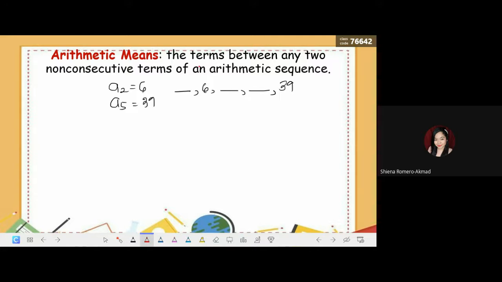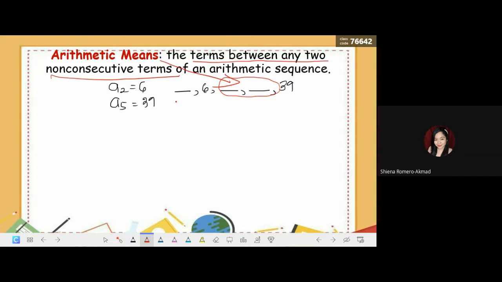So, yung nasa gitna nilang dalawa, ay tinatawag natin ng arithmetic means. Okay? So, yun yung tinutukoy dito, the terms between any two non-consecutive terms. Ang tawag natin dyan ay arithmetic means.